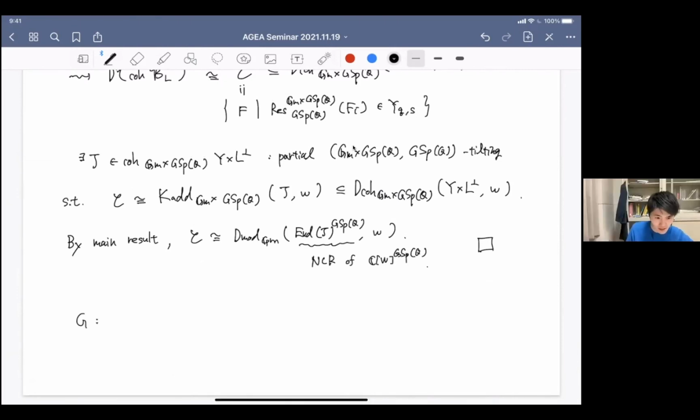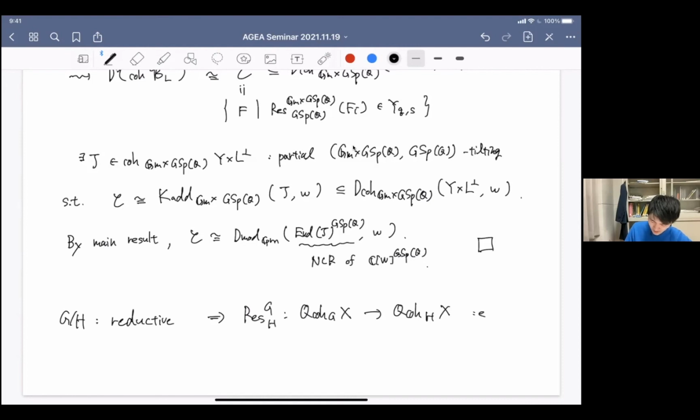One of the key effects is that if G is reductive, then the restriction functor... Well, maybe more precisely, if G over H is reductive, then the restriction functor from G to H of x is an exact functor.